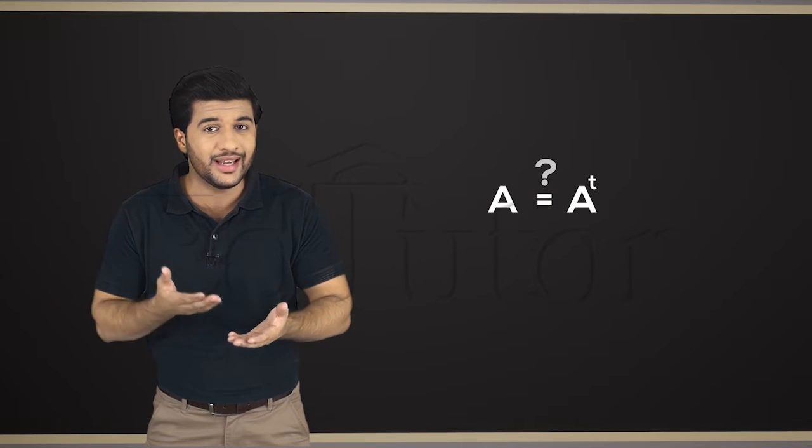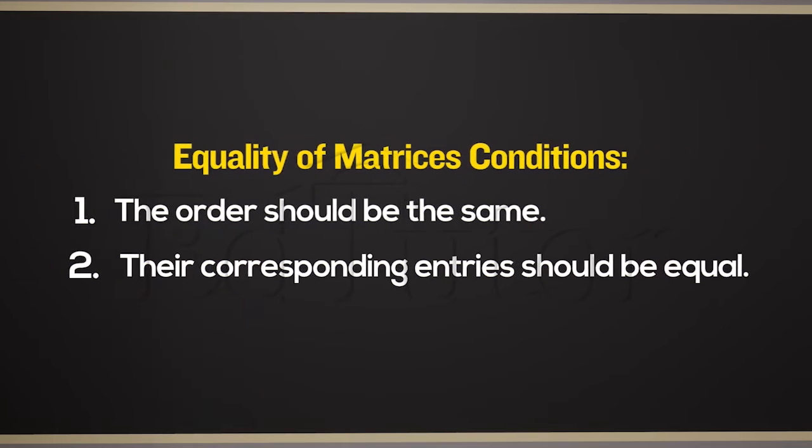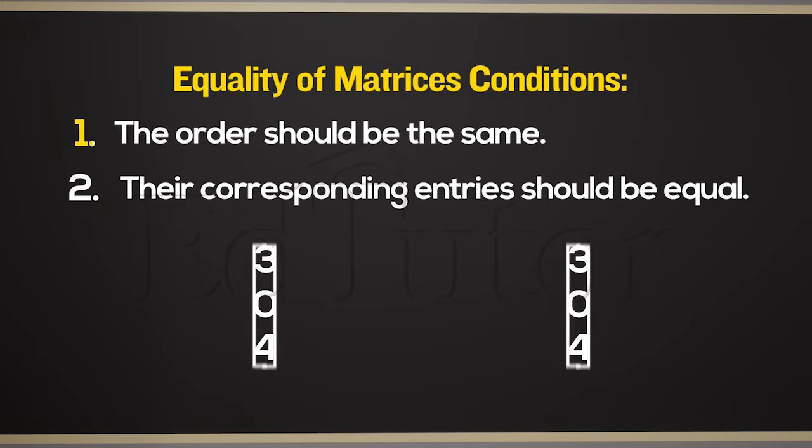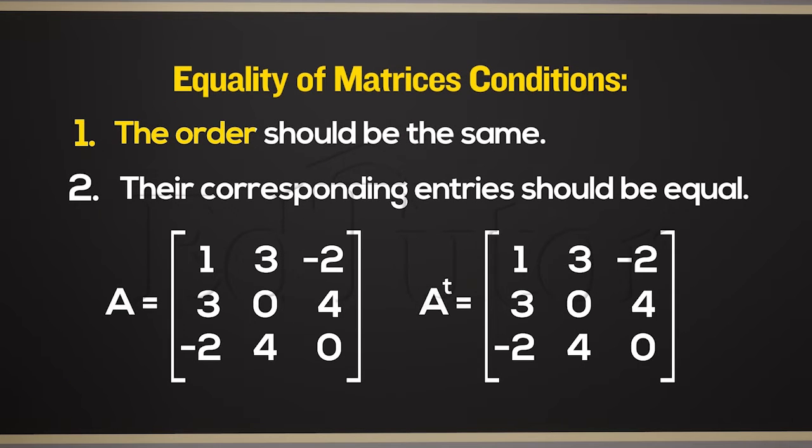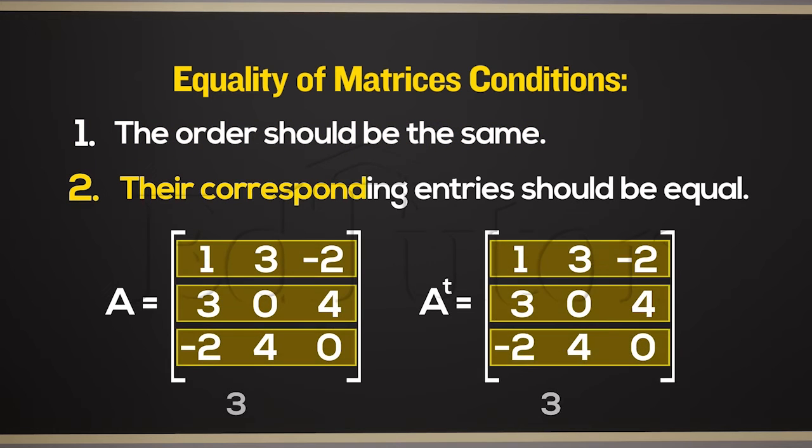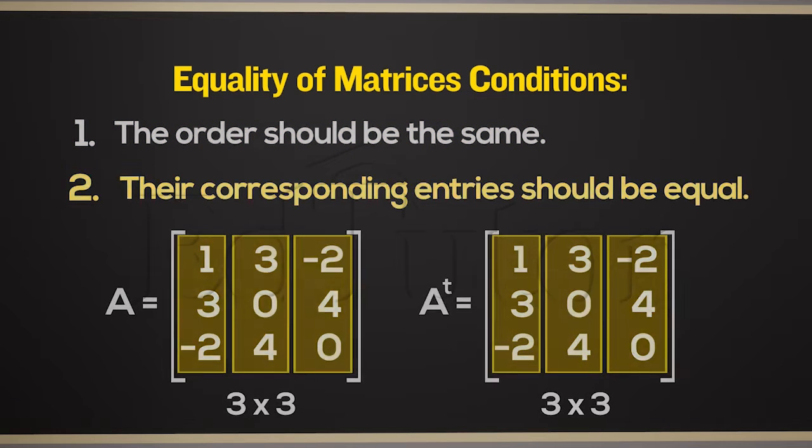What actually is equality? Recall that two matrices are equal if they satisfy the following conditions. Number 1, the orders should be the same. Number 2, their corresponding entries should be equal.